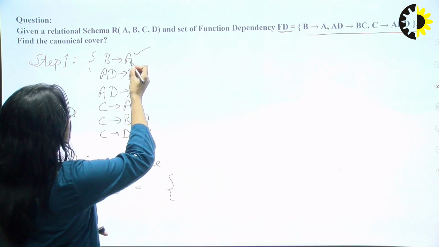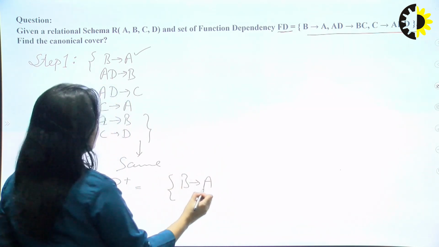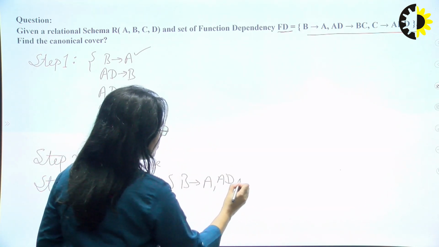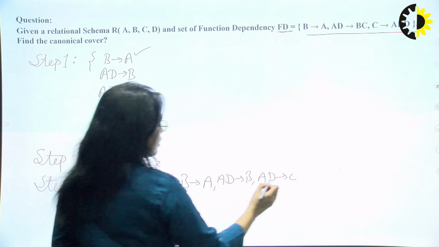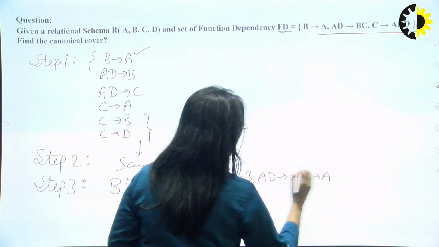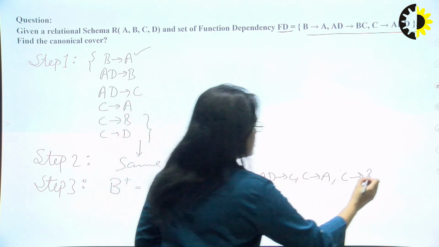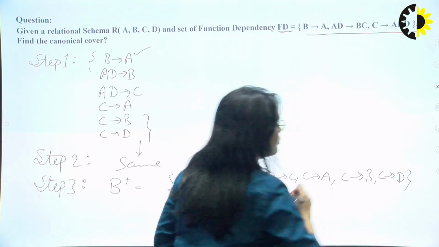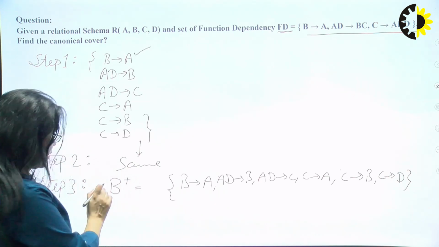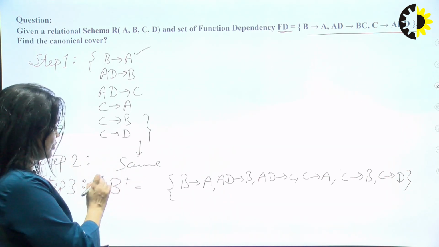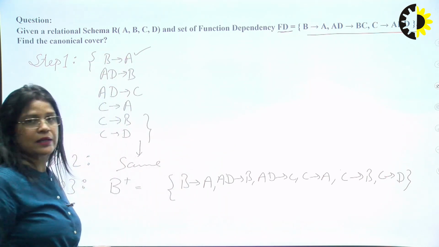So, what we need to write? All the functional dependencies: B tends to A, AD tends to B, AD tends to C, C tends to A, C tends to B, C tends to D. In the first step, we calculate the attribute closure of the left hand side of this functional dependency, including this functional dependency also.